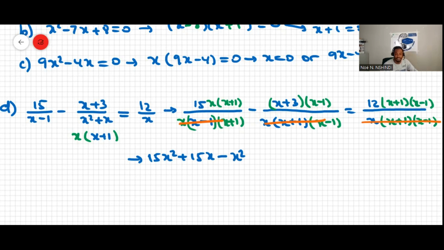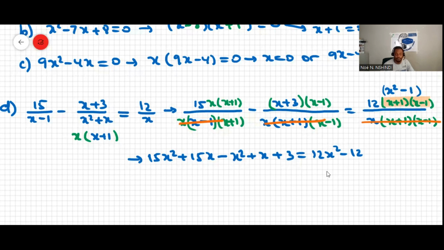X times -1 makes negative x, with the negative makes positive x. And then a positive 3, equal to, over here, a difference of two squares, x squared minus 1. So that makes 12x squared minus 12.